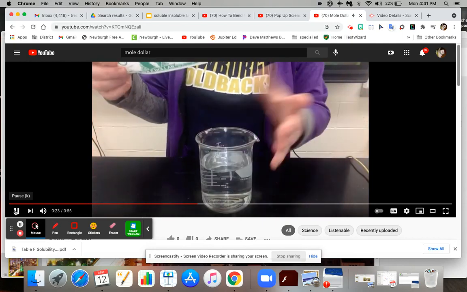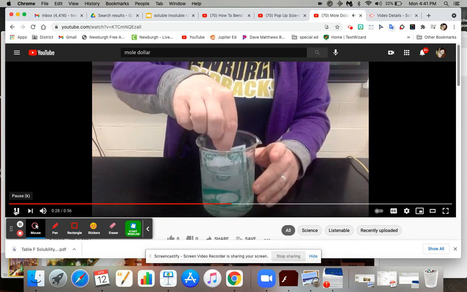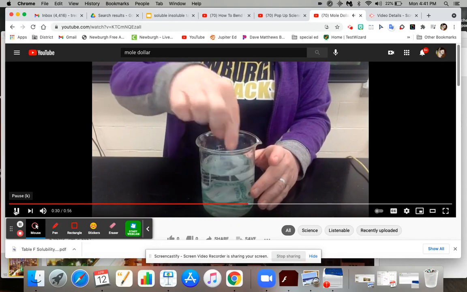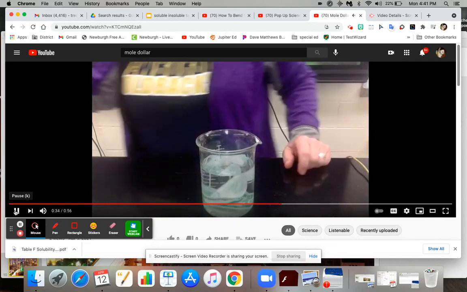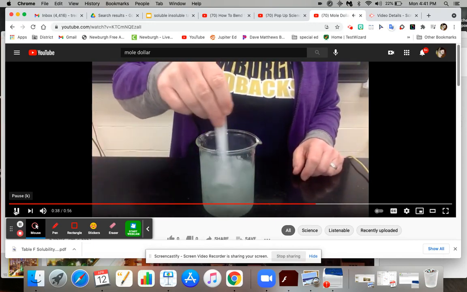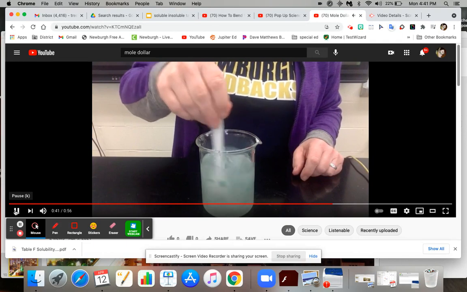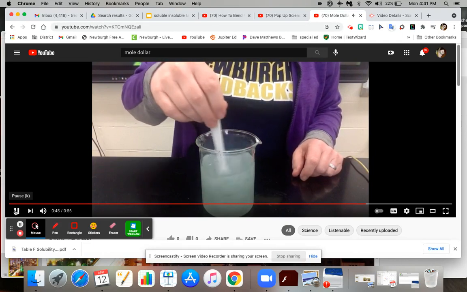It doesn't have to be a beaker, just plain old water. And put your mole dollar in. And give it a little stir. Okay, so you should be noticing something, observing what is happening, and please again try this at home with your mole dollar.